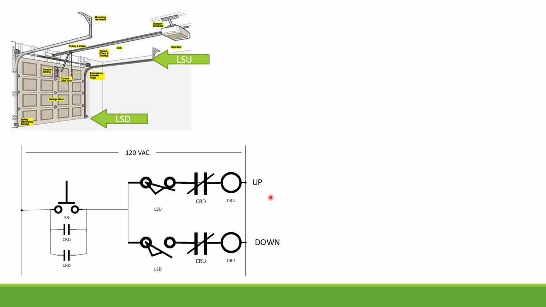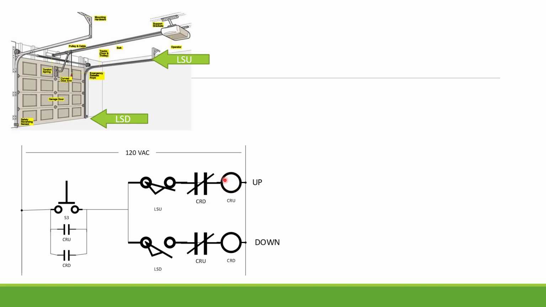All right, so let's take a look at a couple things here. First of all, I don't want to hold this push button down the whole time the door is moving up or down. So the way I can do that is use a seal-in circuit or a latching circuit. And in this case, as soon as I push the switch, that's going to energize this output. This is going to be a relay coil, and we'll look at relays here in just a minute.